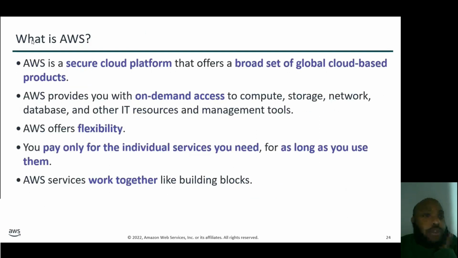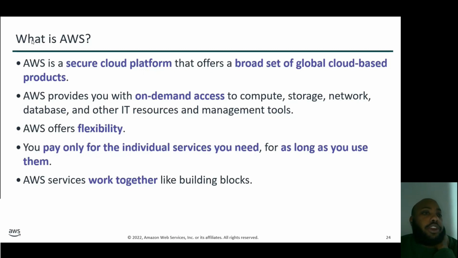Now, what does AWS do for us? AWS is a cloud platform where you'll have all your different cloud services, all your different needs based on the cloud. That's the whole platform, which gives you all the different tools you need to build a huge application or any kind of application on the cloud.